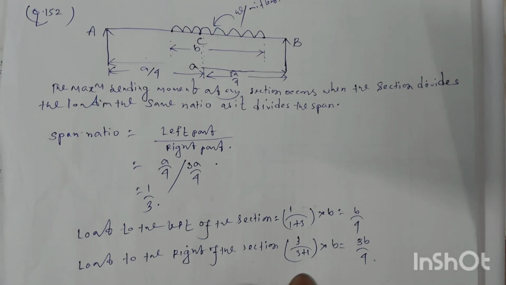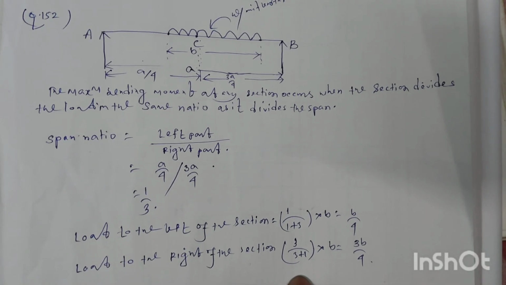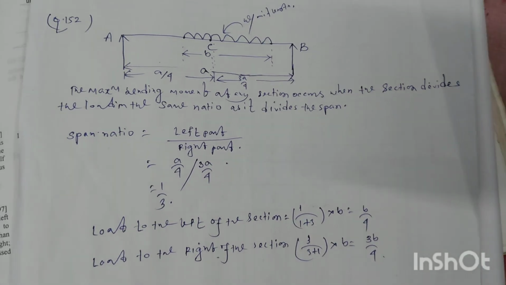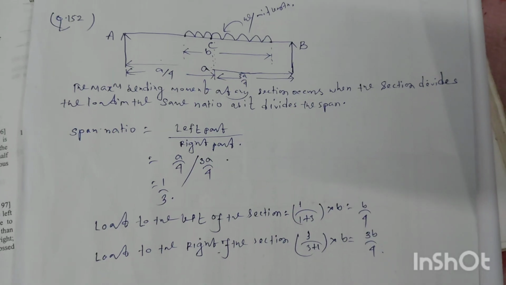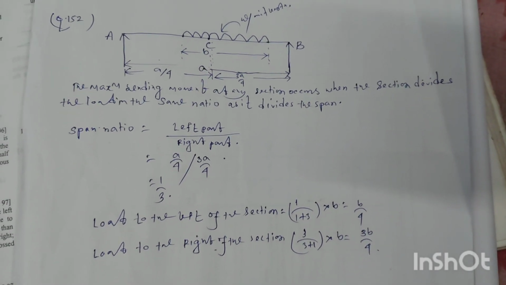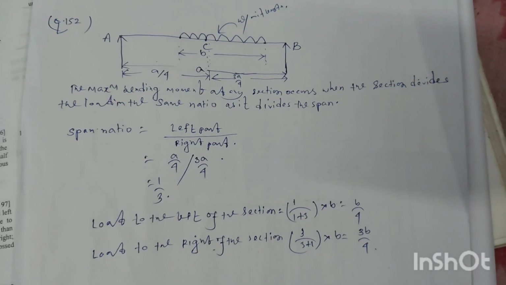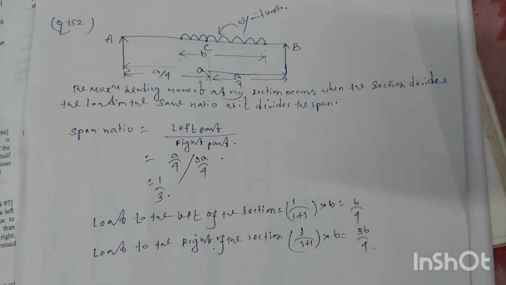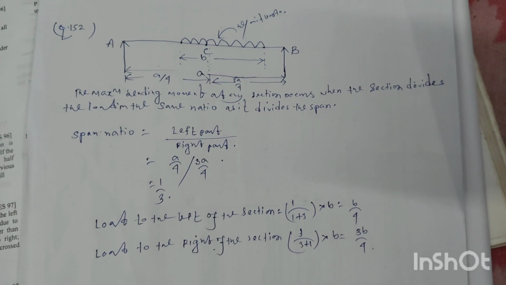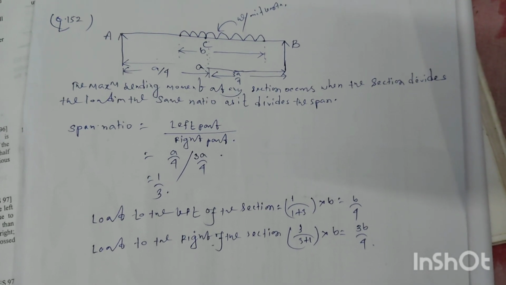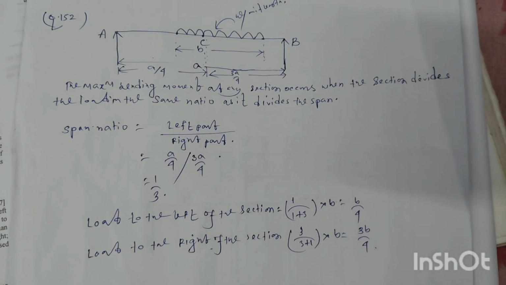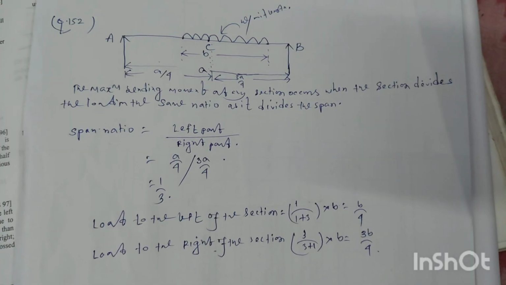Now the length of load to the left of point C is 1/(1+3) into the total load length B, which will be equal to B/4, and the load to the right of point C will be 3/(3+1) into B, that will be equal to 3B/4. So we can clearly say the load had just crossed the section by 3/4 of its length.